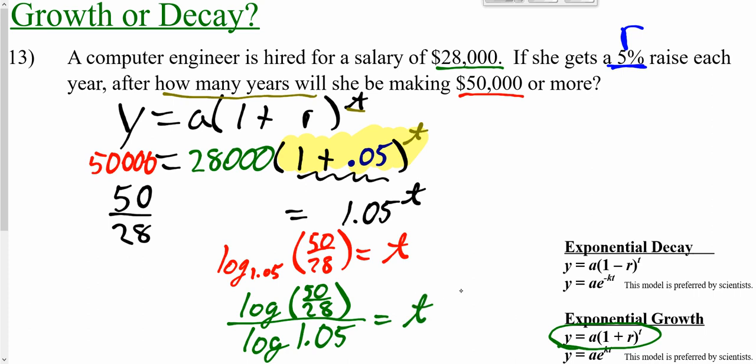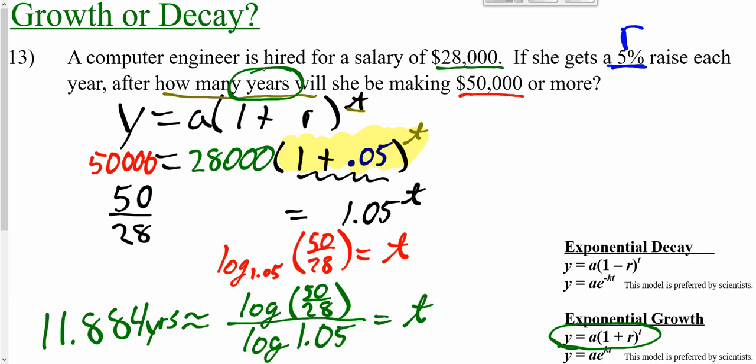Then I can go my normal log, log, type in 50 divided by 28, close parenthesis, divide, go log 1.05, close my parenthesis, type that in, and then it gives me approximately 11.884 years. So yes, you need to include your units, which you have to read in the context of your problem of what your units would be.